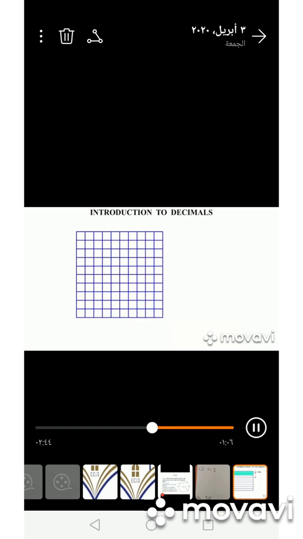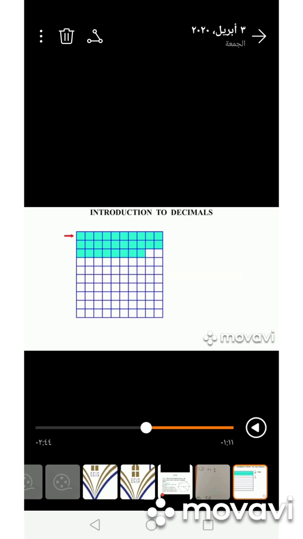Now guys, let's study how to write hundredths as decimals also. If we divide one whole into 100 parts, like shown in this figure, we have 100 squares. Pay attention. If we shaded this part, one row contains how many squares?